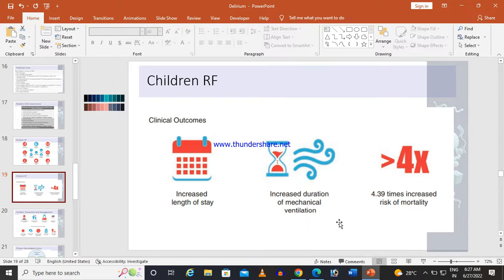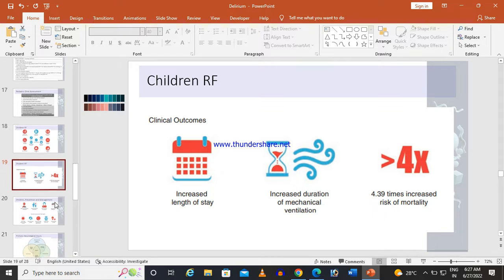It also increases the duration of mechanical ventilation, and the mortality also. In case of delirium in children, it is 4.39 times increased. There is an increased risk of mortality.